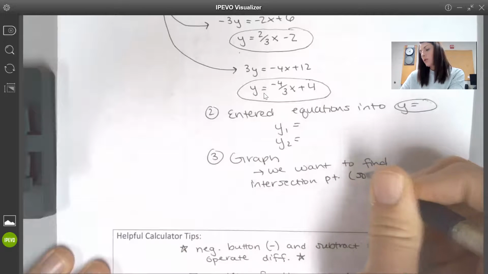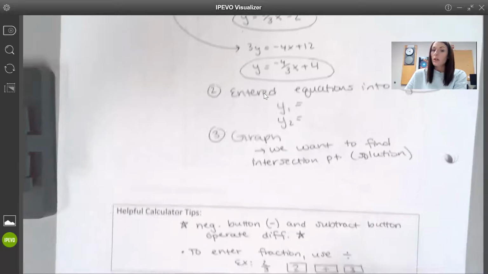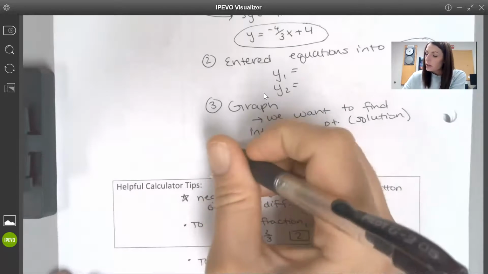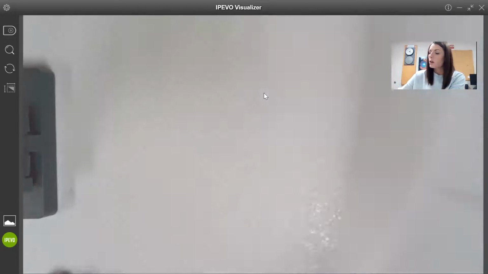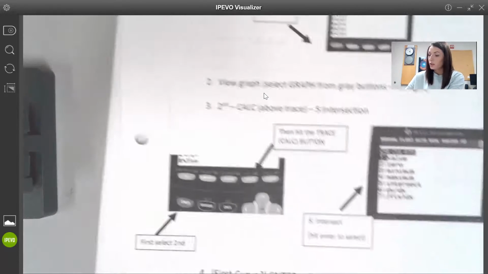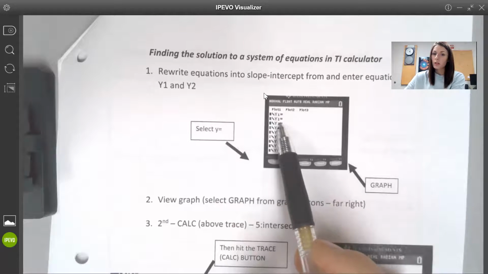That would be my solution. So to find the intersection point on my graph, the way that we get there, and again, this is all written over here, okay? It says rewrite equations and enter them into y1 and y2.